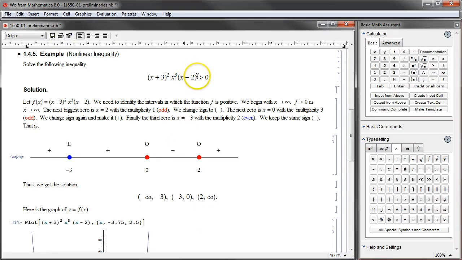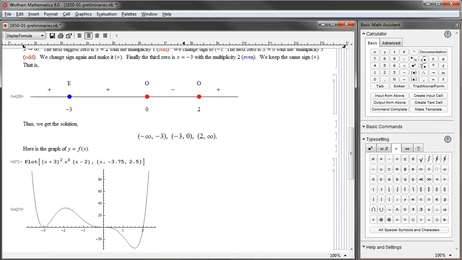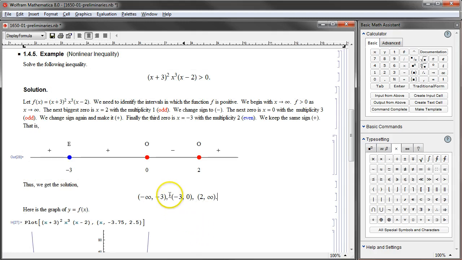So what do we have? We want this expression to be greater than 0, so I have to select intervals where it is positive. We have 3 intervals in which this expression is positive: -∞ to -3 on the left-hand side, then -3 to 0, then skip 0 to 2, and then go from 2 to infinity. Those are 3 intervals, so we join them with union to get the solution set, and that completes this problem.